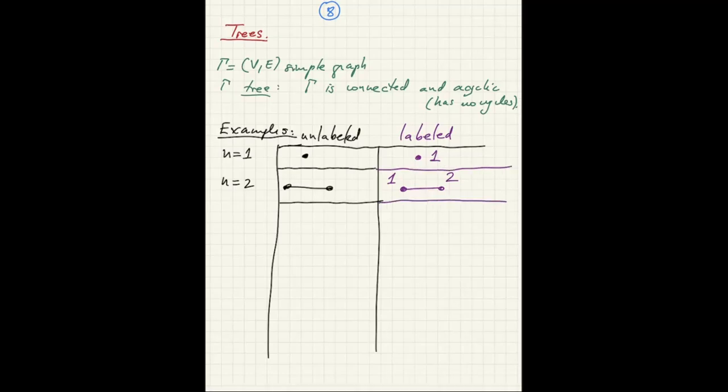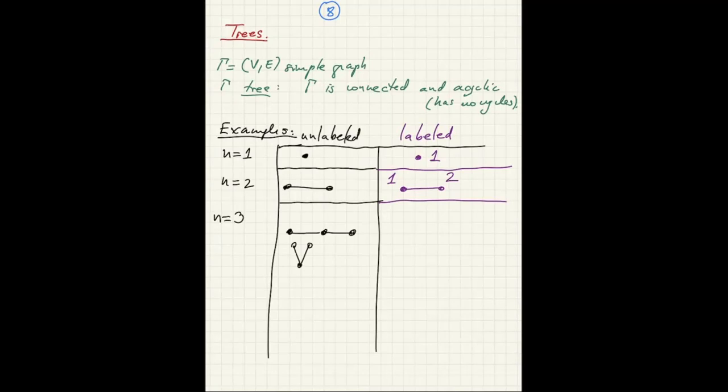Okay, let's see what happens when n equals 3. So when n equals 3, we have 3 vertices, and the graph has to be connected, but there are no cycles. So this is the only one, I mean, it can appear in different drawings. It can be drawn like this, but it's essentially the same.